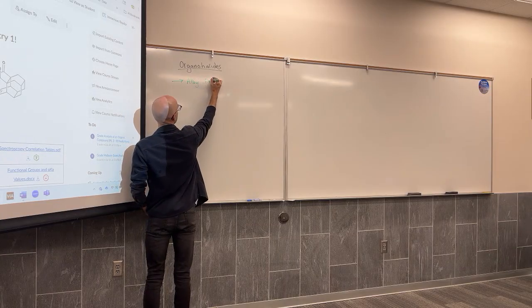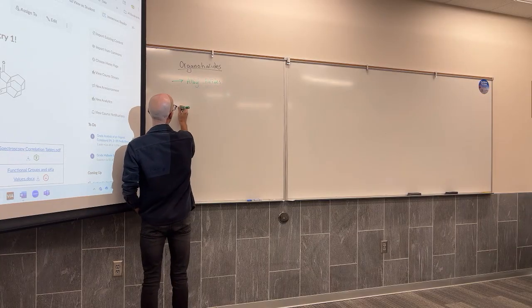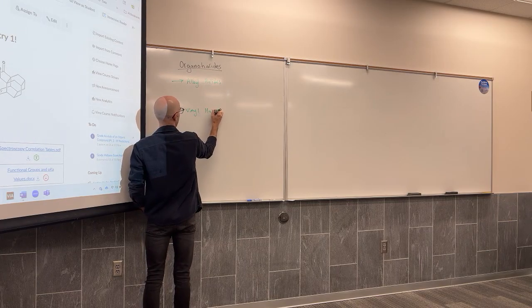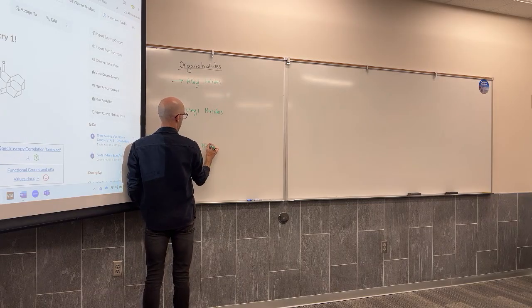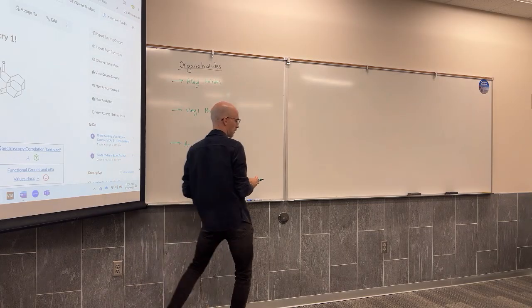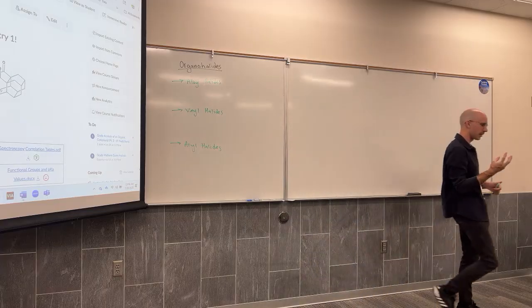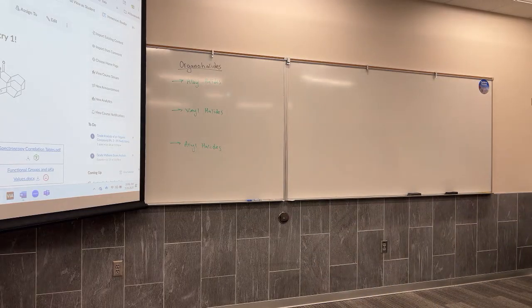Alkyl halides, vinyl halides, and aryl halides. There is another class in there, but I'm going to explain how it's kind of a mix of the first two and the similarities that it has, differences that it has.